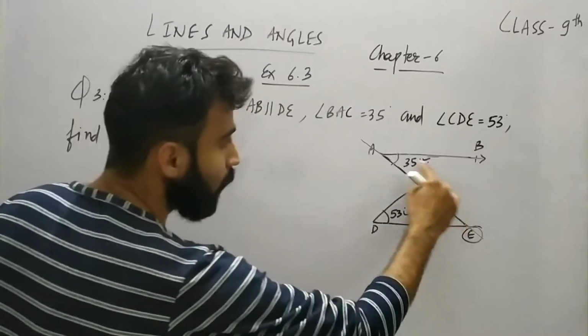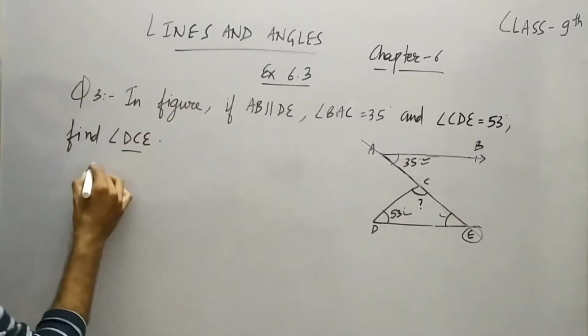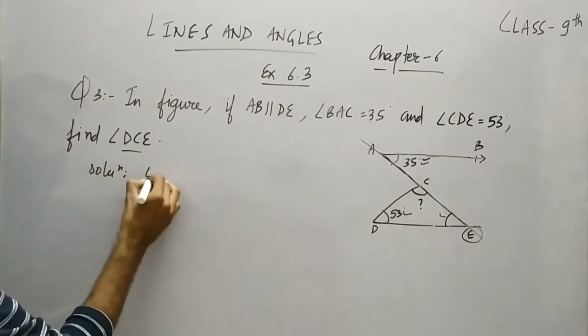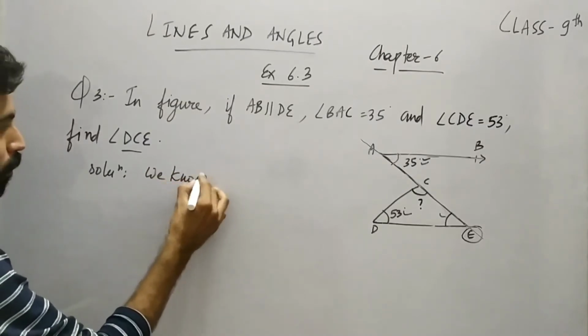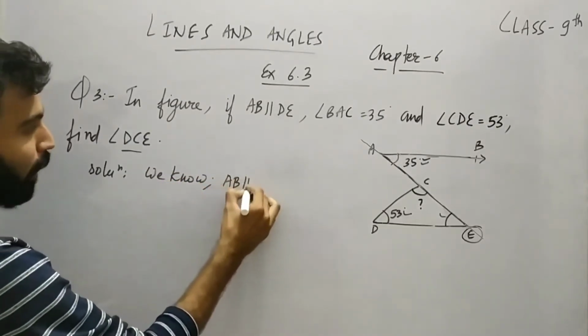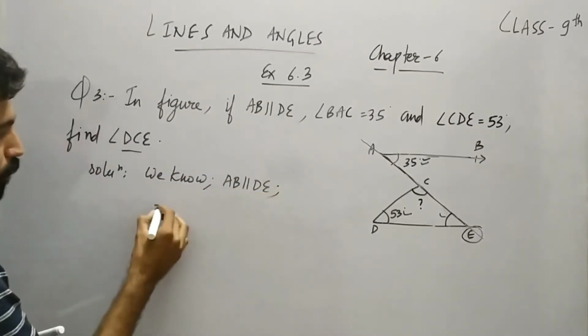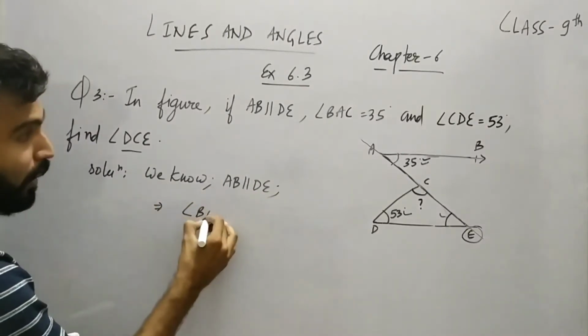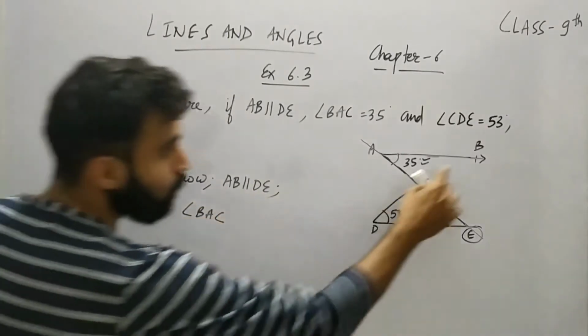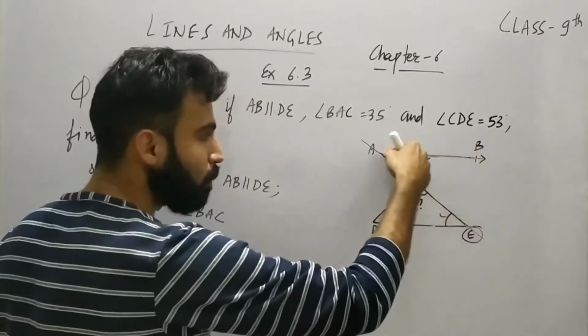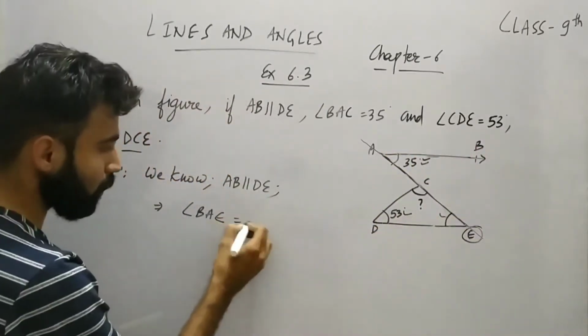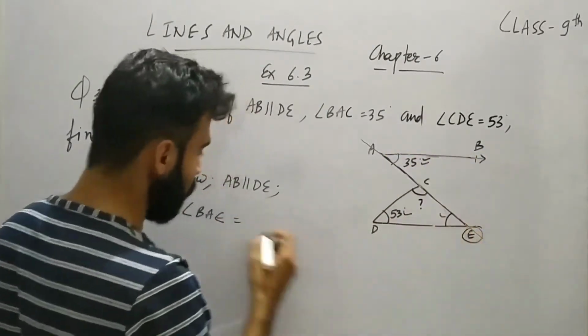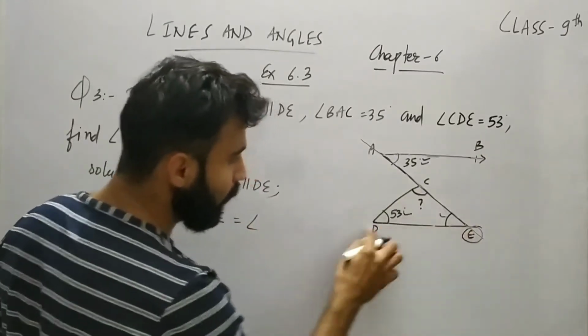So we know that AB is parallel to DE. So let me just write the solution. We know AB is parallel to DE, right? So this implies angle BAC, or you can also write it as BAE, so there is no change. So angle BAE is equal to angle AED.